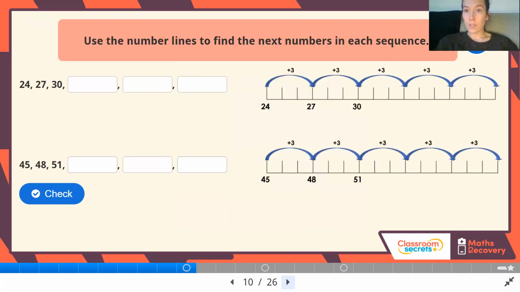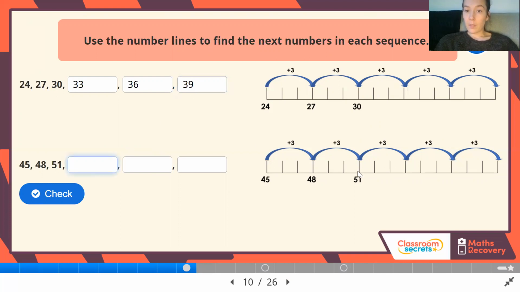Right, let's have a look at these questions together. It says use the number lines to find the next numbers in each sequence. So we've got 24, 27, 30, and then you're trying to find the next number. So after 30 is going to be 33, 36, and 39.